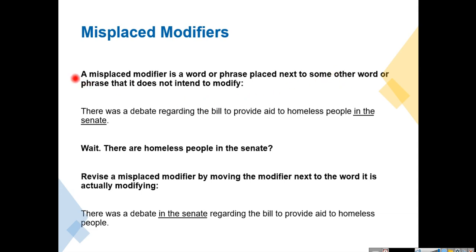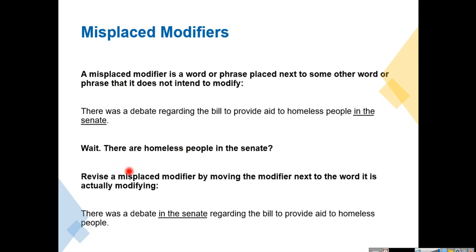A misplaced modifier is a word or phrase placed next to some other word or phrase that it does not intend to modify. We have here: there was a debate regarding the bill to provide aid to homeless people in the Senate. Let's read it again. There was a debate regarding the bill to provide aid to homeless people in the Senate.